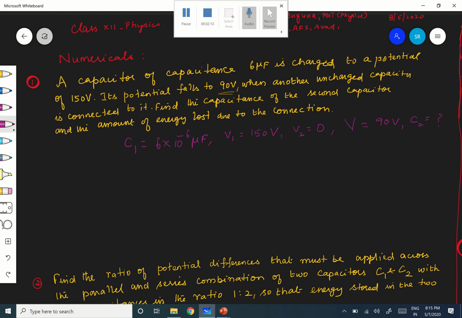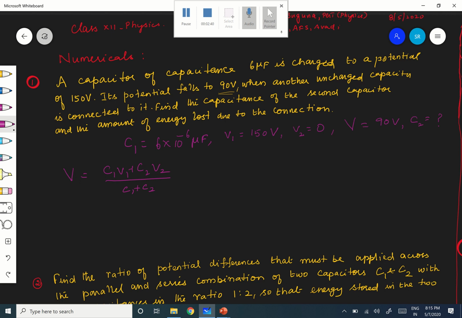See, you know the expression for common potential. V is equal to the formula: C1 V1 plus C2 V2 divided by C1 plus C2, correct?